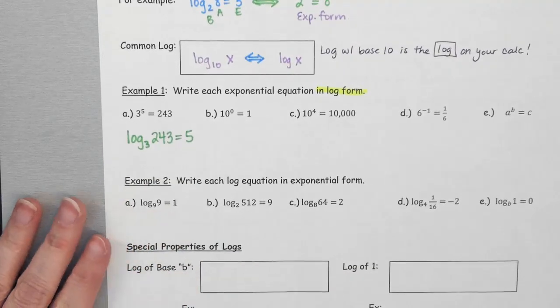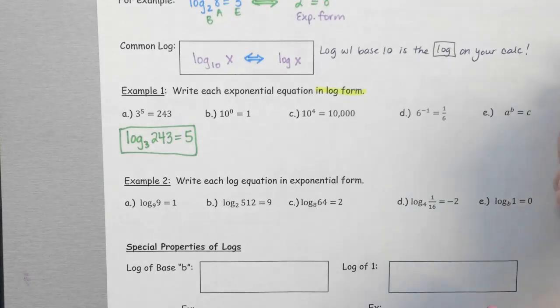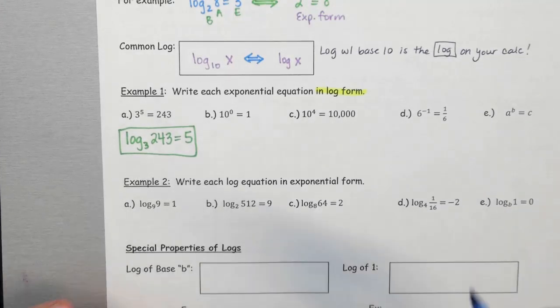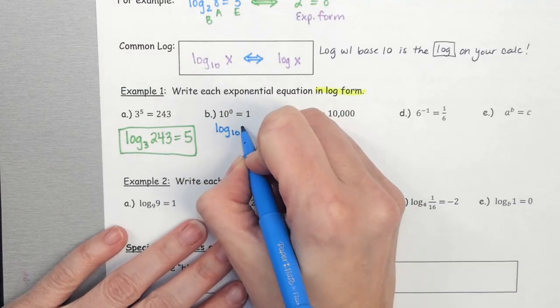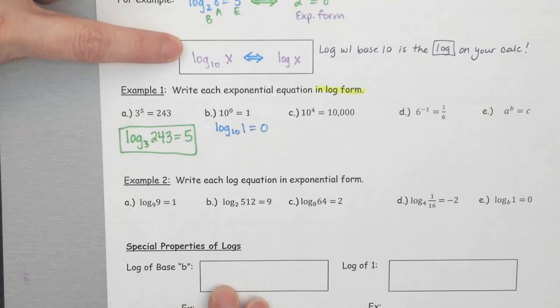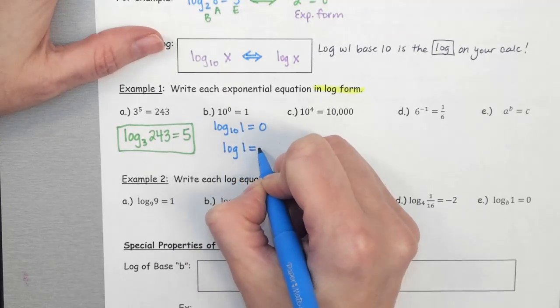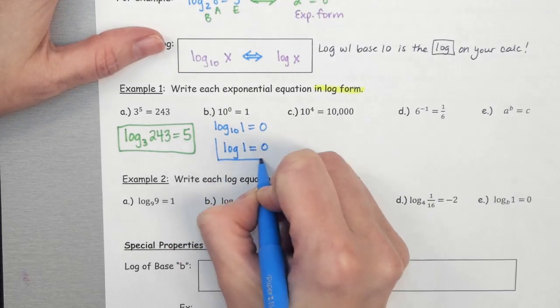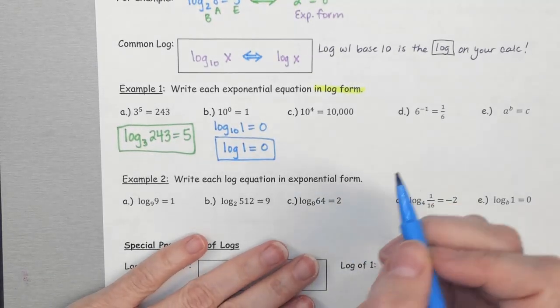These should all be on the same line. For B, you actually have two different ways you can write this. This is log base 10 of 1 equals 0. But because this is the common log, you can just write it as the log of 1 equals 0. Anytime you have base 10, you have the common log.